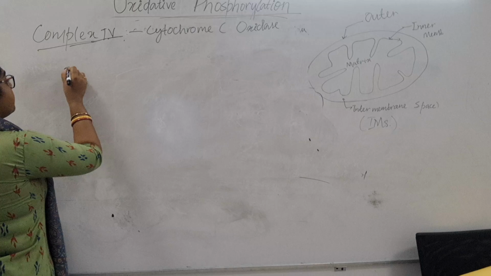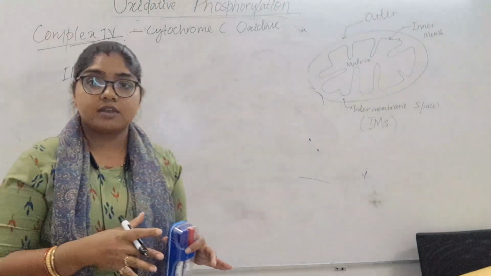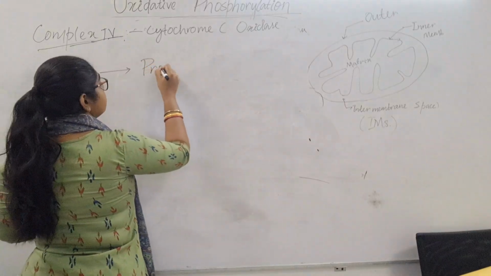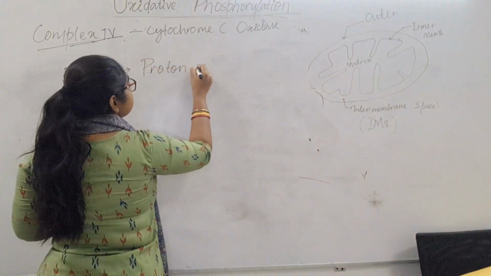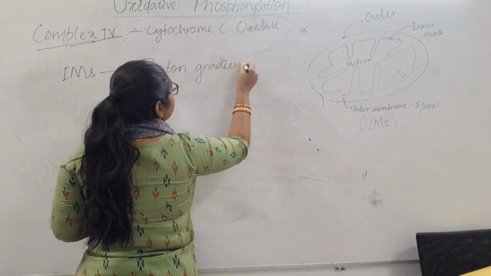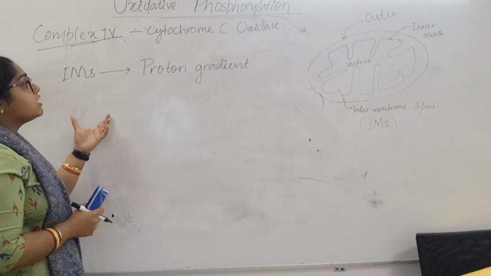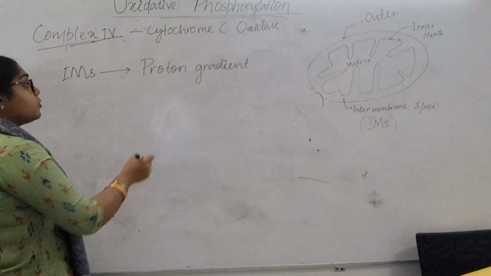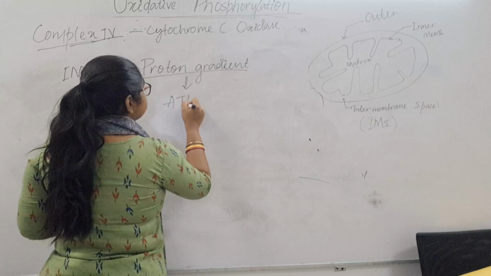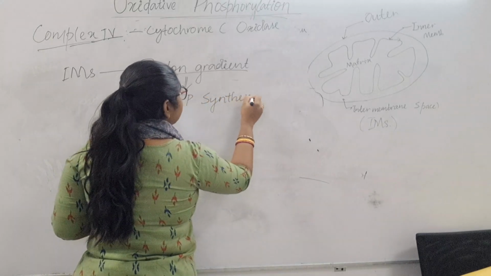So in the intermembrane space there are a lot of protons now. That is known as the proton gradient. All these protons which are removed from the complexes are stored there, and this proton gradient will help in ATP synthesis.